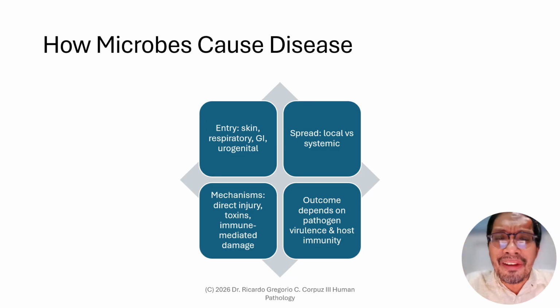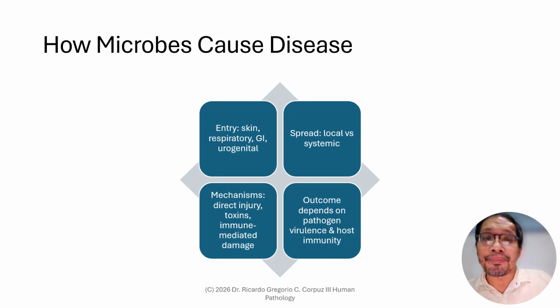First, the skin usually requires a break in the barrier. Think of Staph aureus, wounds, burns, and IV lines. Next, the respiratory tract, the most common entry point, with viruses, Mycobacterium tuberculosis, or the fungi.